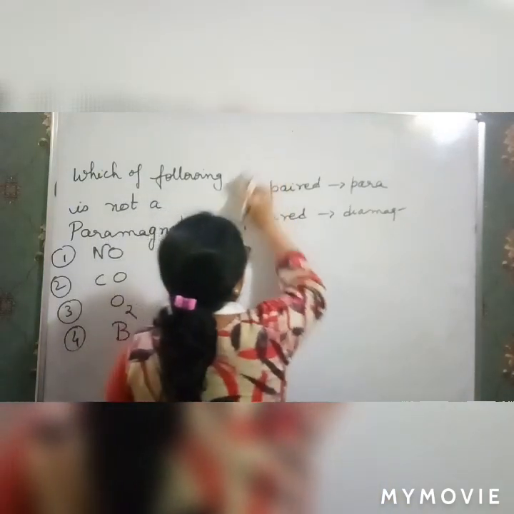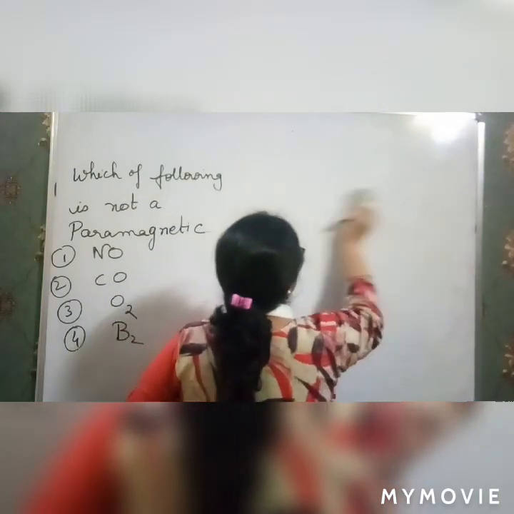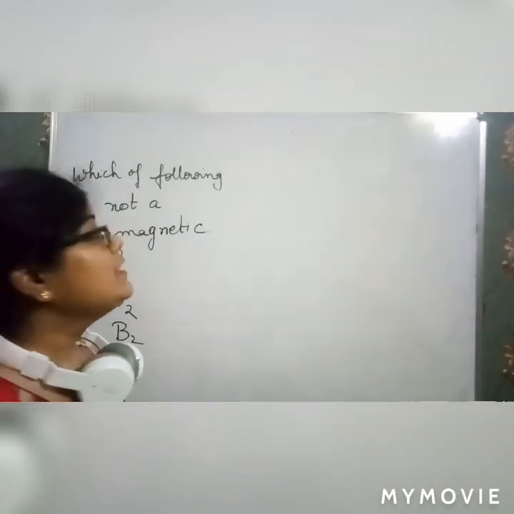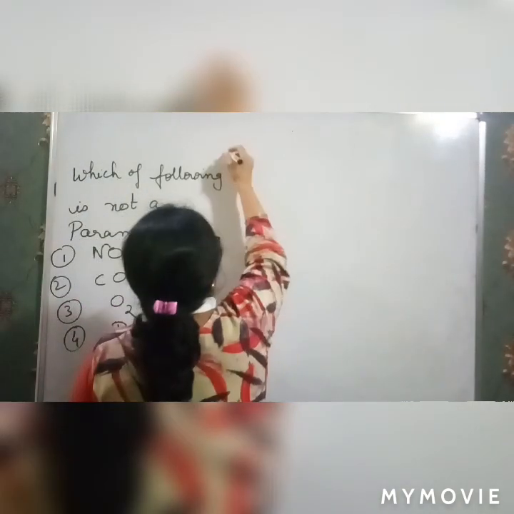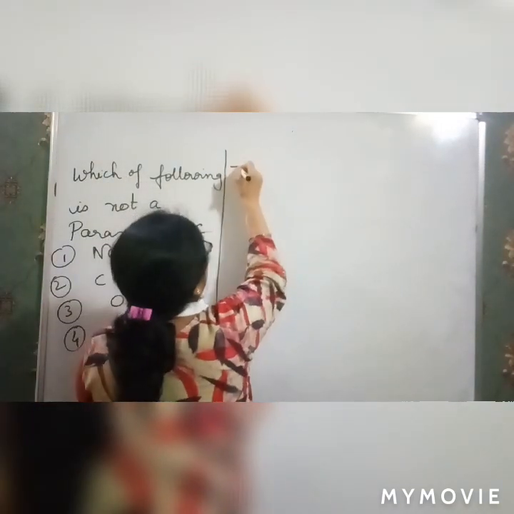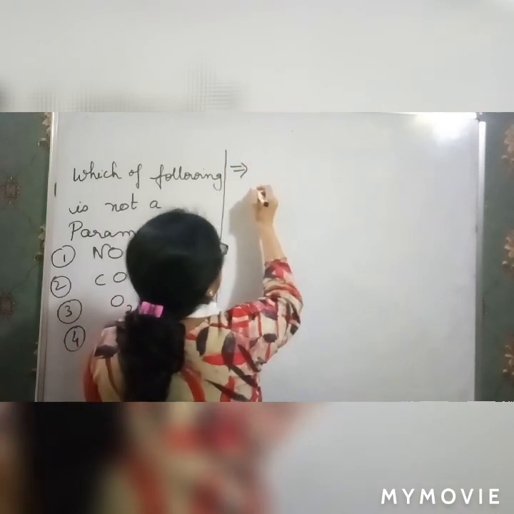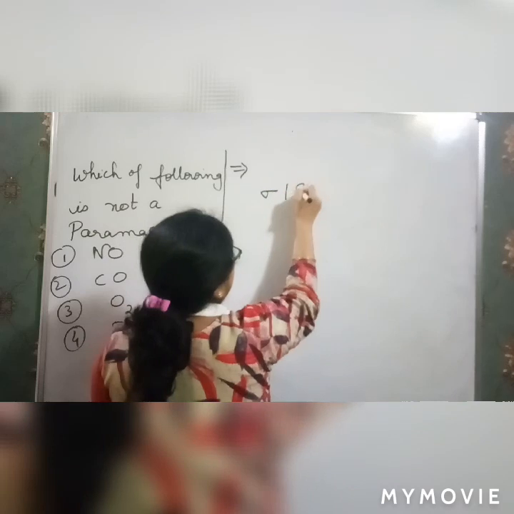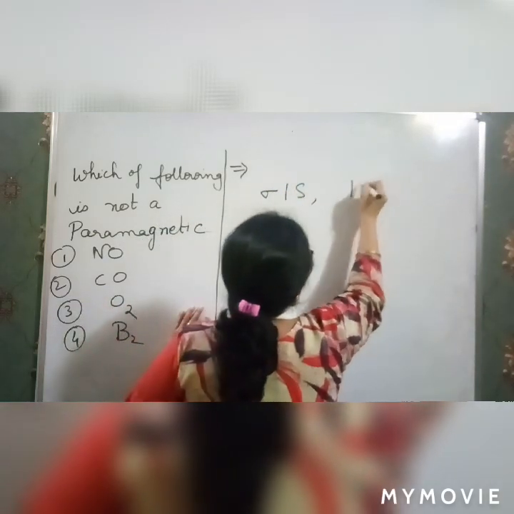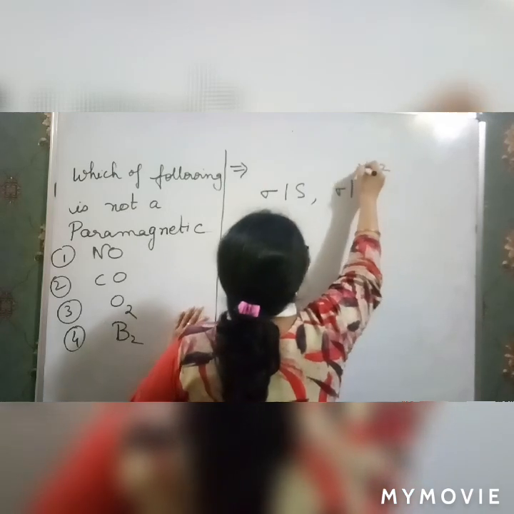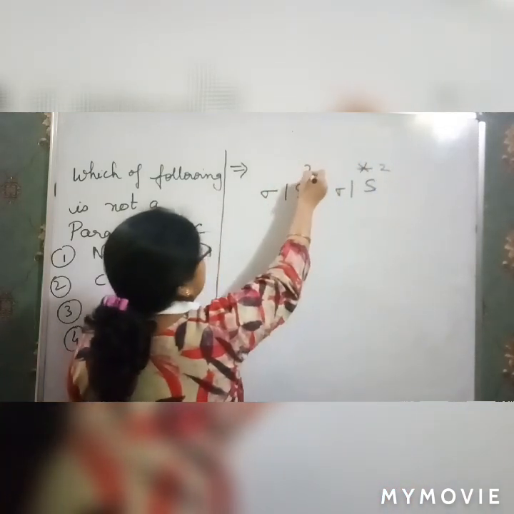Now one thing I found in you students, that you are often a little bit confused in placing electrons in the different orbitals. If someone knows it, it is okay, they just do their revision. So the order of filling the electrons in the molecular orbital theory is sigma 1s, then sigma 1s star, but this is for anti-bonding and this is for bonding.